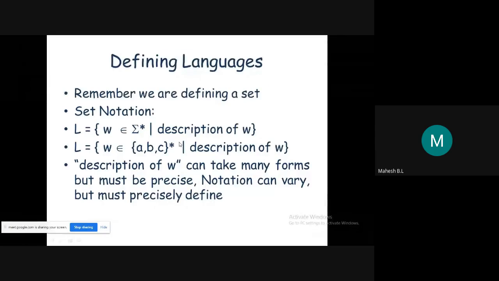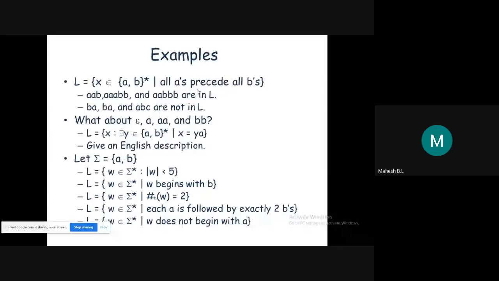Okay. Then see here, there are a few examples. So L is equal to x belongs to a comma b whole star, all a's precede all b's. So now you know that sigma is nothing but a comma b.